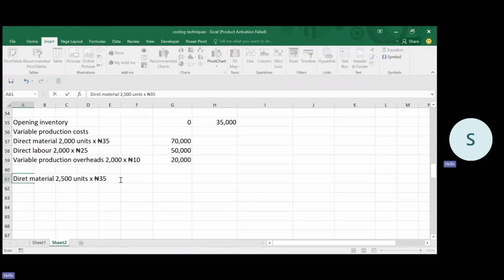So 2,500 units times 35 naira will give us, sorry, 87,500.